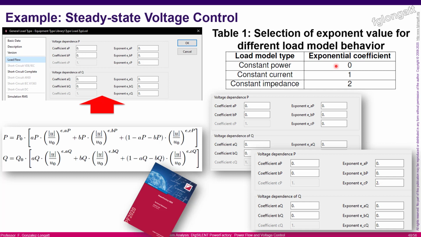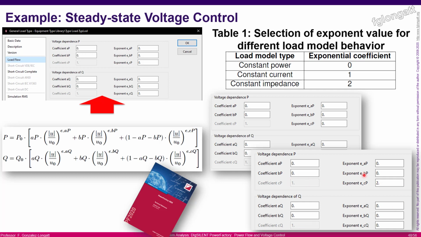On the other hand, what happens if we consider an exponent that is 2? It's very simple. You can see here there is a number 2 as the exponent. When the active power depends on the square of the voltage ratio, that represents constant impedance.